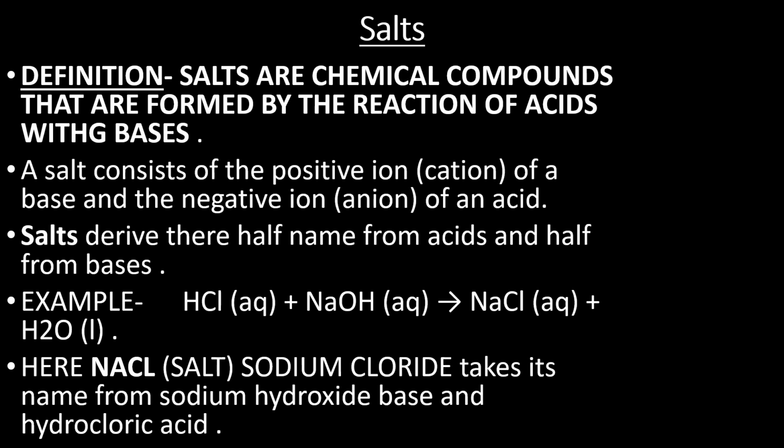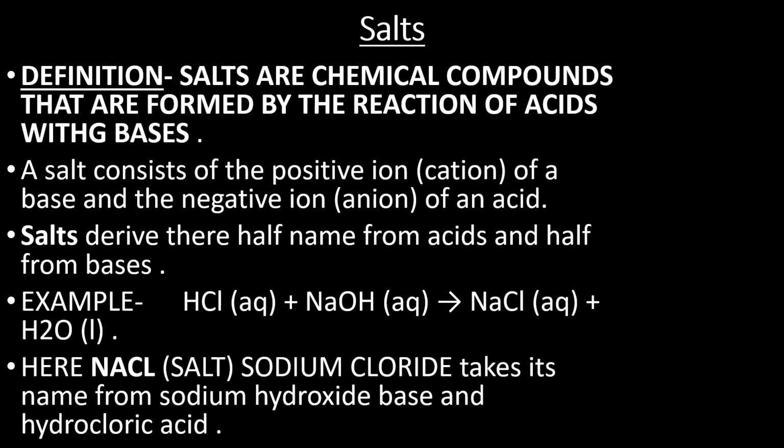Now an example is HCl. When it reacts with NaOH, sodium hydroxide, it gives NaCl. HCl is a strong acid, and NaOH, sodium hydroxide, is a strong base, and both combine to give NaCl, that is a salt.